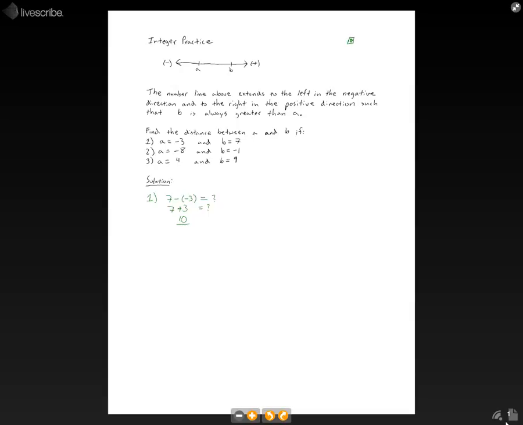Another way to look at this is to visualize the number line. Let's put -3 right here and 7 up here, and 0 will be right in the middle somewhere.